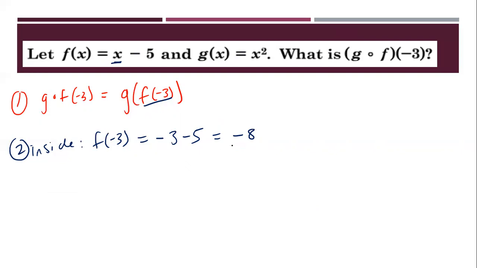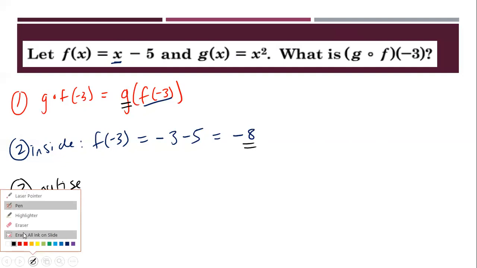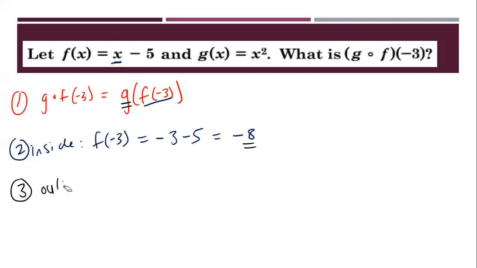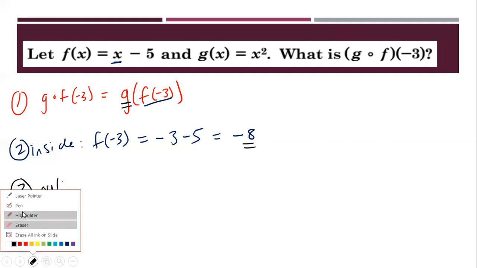Okay. So after that, step 3 is to take the output from the inside and you're going to plug it into the outside function. So into G, I'm plugging -8. So my outside, I forgot, I spelled outside kind of wrong. Yeah, I did. Oops. Oopsie daisy.